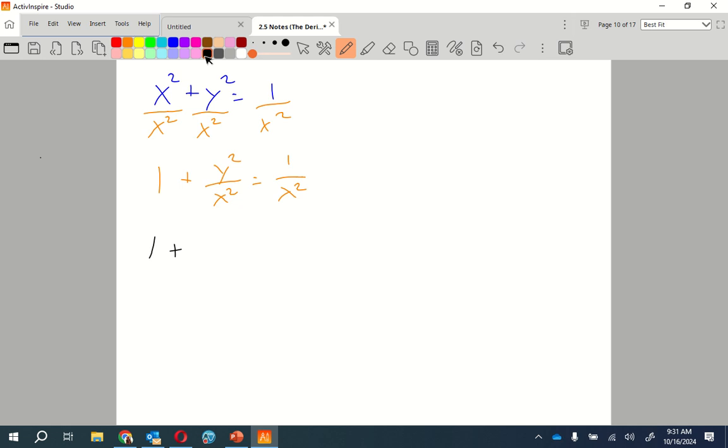So since they're both squared, that is tangent squared equals, now what is 1 over x? That's the reciprocal of cosine, isn't it? So if x is cosine, 1 over x is the reciprocal, which is secant. So this is going to turn into secant squared.